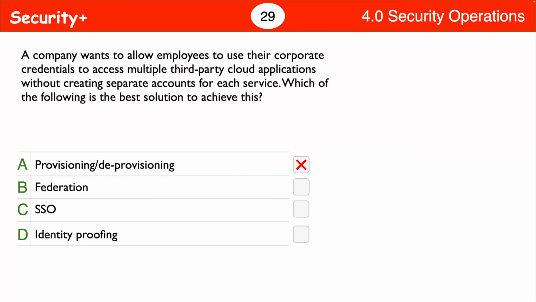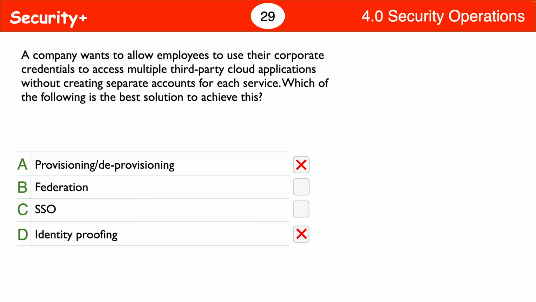Next, we can eliminate D, identity proofing. And this is where a user's identity is verified during account creation, but it does not manage cross-service authentication. Now that leaves us with B, federation, or C, SSO. And both are very similar.